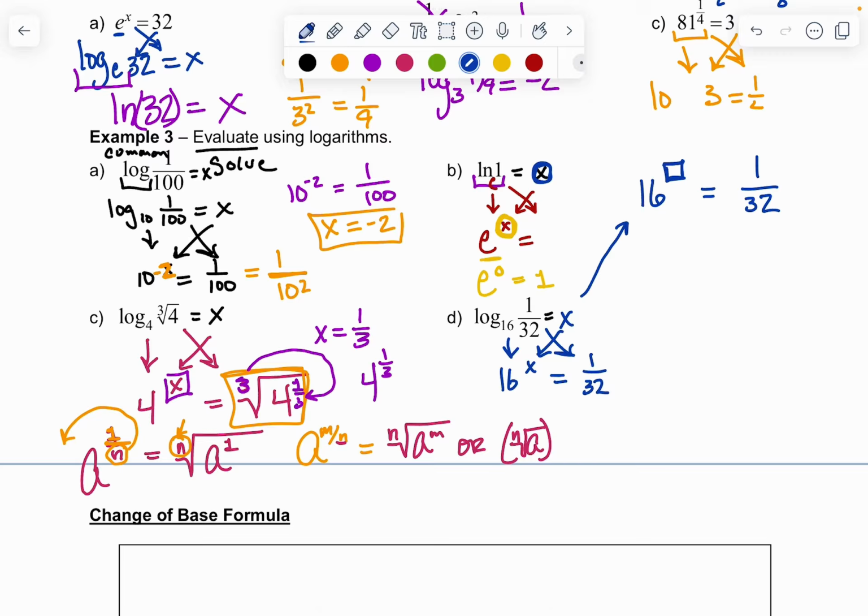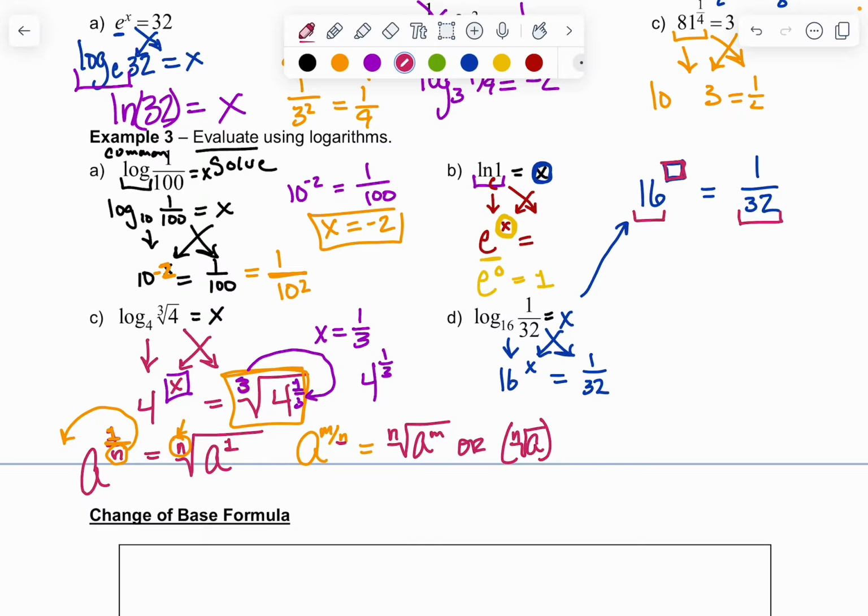Now we'll get more into this, but there's a process where you can actually change the base. And so you could ask yourself, 16 and 32, through exponents, is there any exponential form with a common base?